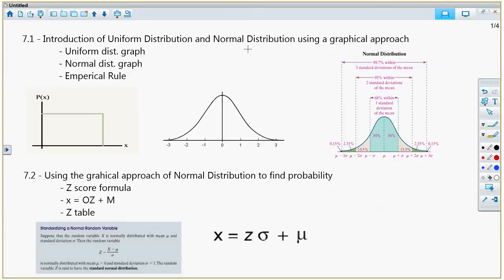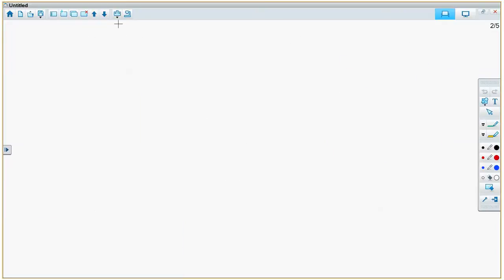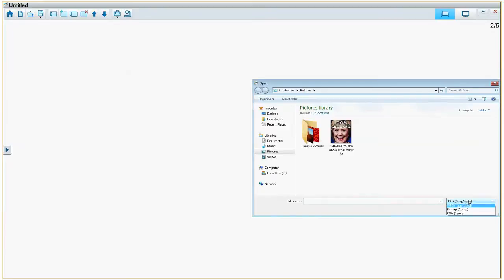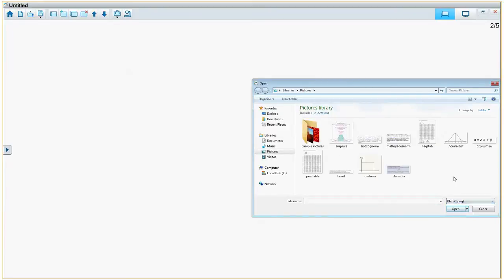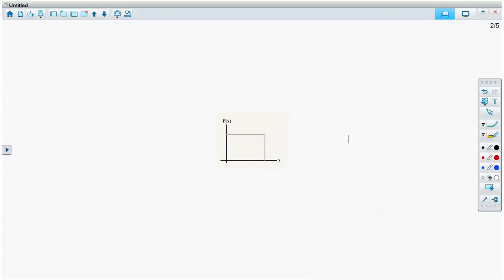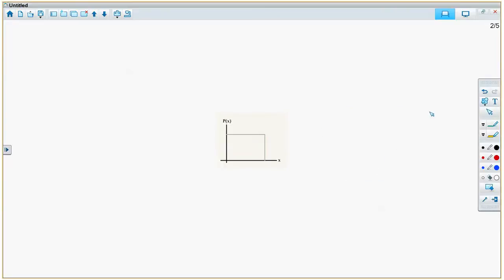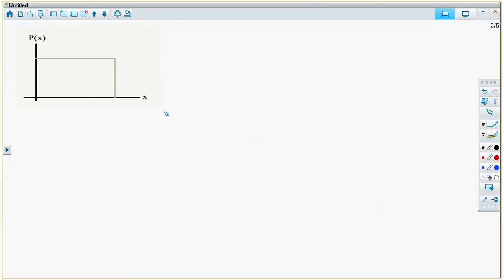Okay, so now we're going to go ahead and get used to the uniform distribution. The uniform distribution is pretty simple because it only deals with one thing. And what is the only thing that is uniform in our universe? What is the only thing that we cannot manipulate?